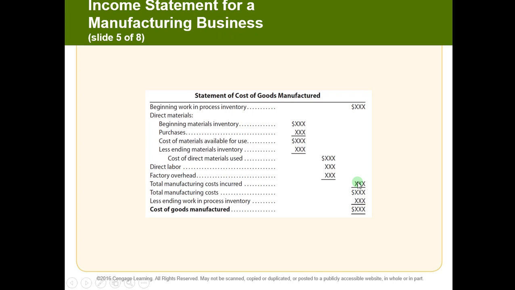Those costs get added to our beginning work in process. All right, there's the second piece of our inventory. Right, we already took care of raw materials. Now we're going to take care of our work in process inventory. What's in process right now? How much more has been added into our work in process? We've added a bunch of direct materials, direct labor, and overhead.